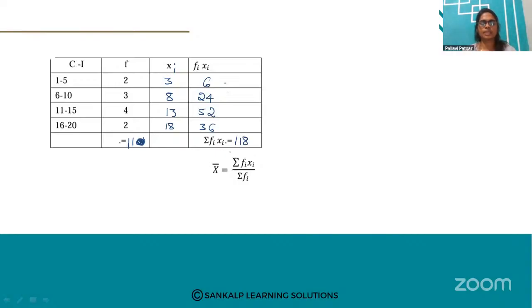So using the direct method formula to calculate mean, x bar is equal to summation fi xi, 118, divided by summation fi, 11. So 118 divided by 11 is 10.72. So therefore, mean of the given data is 10.72.